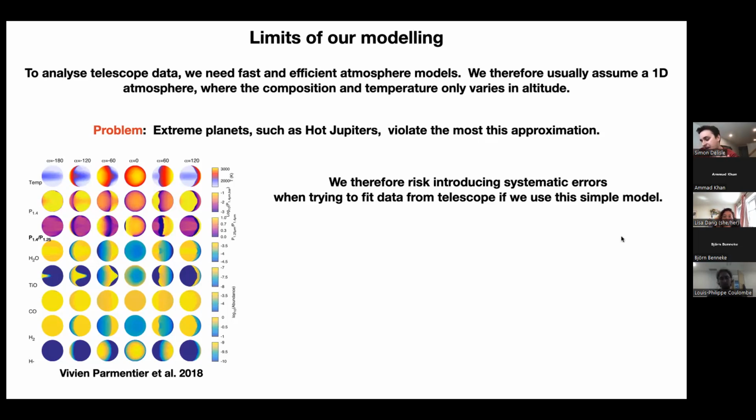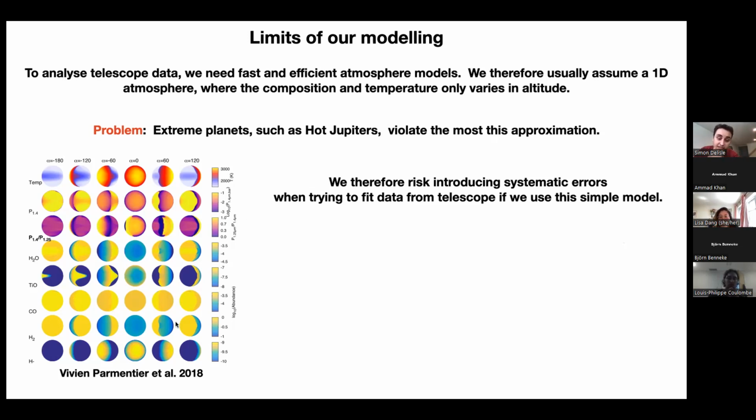And this is what we've been using most of the time since the beginning of this field, mostly because the data quality that we had from HST, Spitzer, Kepler, and all that, I don't think the precision was there so that we could actually see the systematic error that these approximations yielded. But now with James Webb, we will see the systematic error when we use 1D transit models if you try to fit extreme planets such as hot Jupiters.